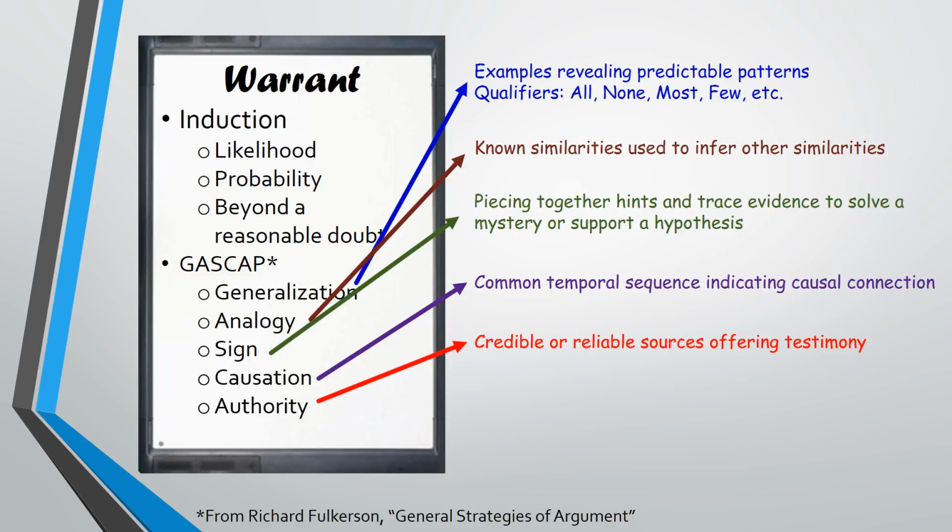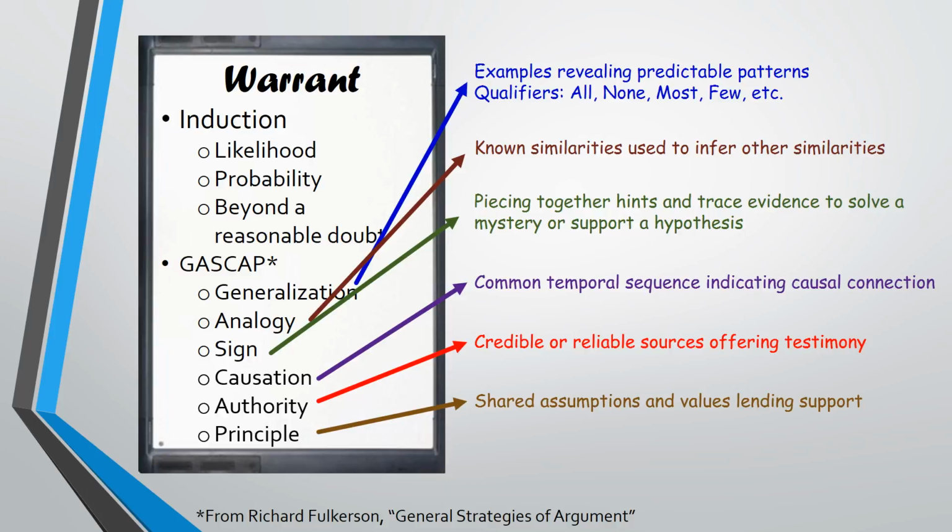The P stands for principle. Principles are shared assumptions and values which lend support to given inferences. We've already noted that all warrant is a matter of shared assumptions of one kind or another. But here we're talking especially about shared assumptions regarding what's important or what's worth caring about.